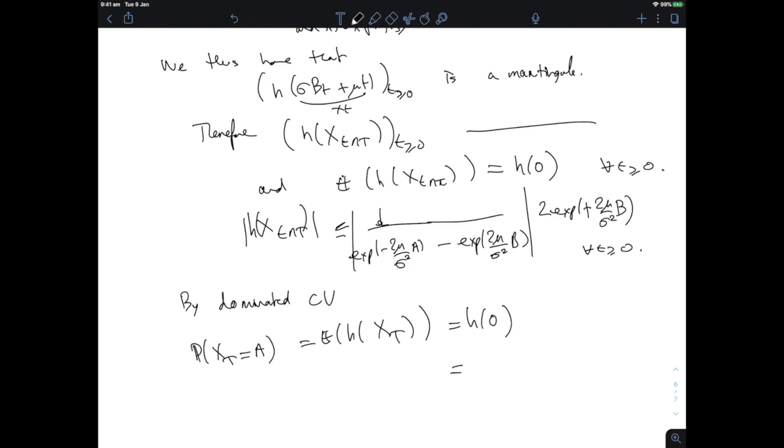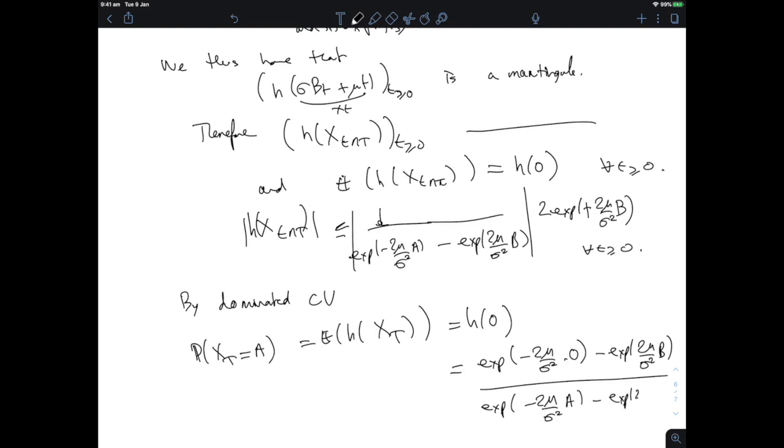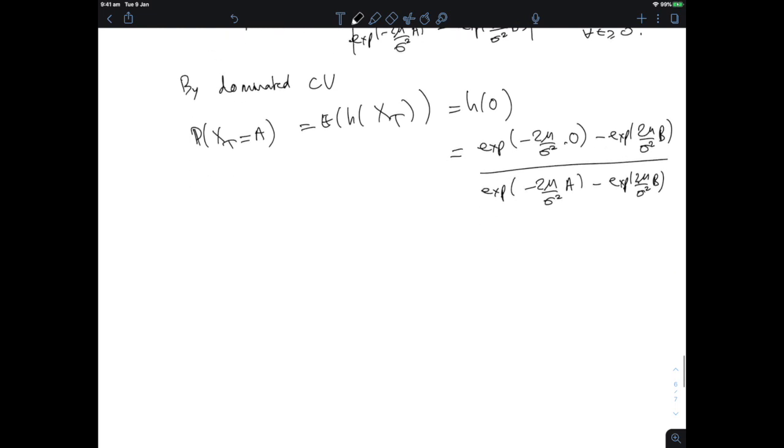Well, we have an explicit formula for h, and h of 0 is exponential minus 2 mu over sigma squared times 0 minus exponential 2 mu over sigma squared times b, divided by exponential minus 2 mu over sigma squared a minus exponential 2 mu over sigma squared b. And so there you have it.